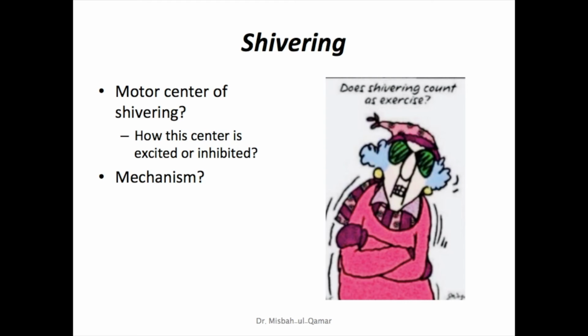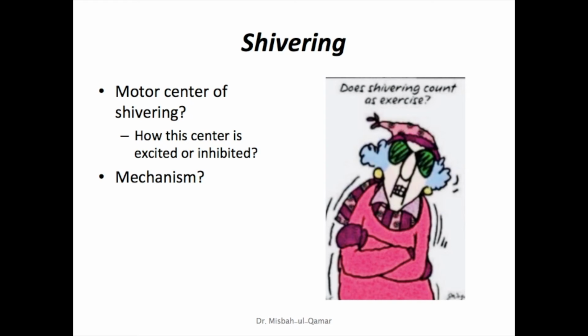So when these cold signals arise, they excite the primary motor center for shivering, which sends the signals through the bilateral tracts down the brainstem and then through the lateral column of the spinal cord to the anterior motor neurons.